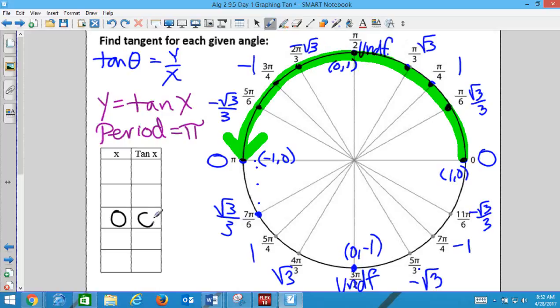So that's an easy one, 0, 0. We are going to use pi over 4 because that one has a value of 1, and that's an easy value to graph. So my next one is going to be pi over 4, which is 1. And then we're going to use pi over 2, which is undefined.